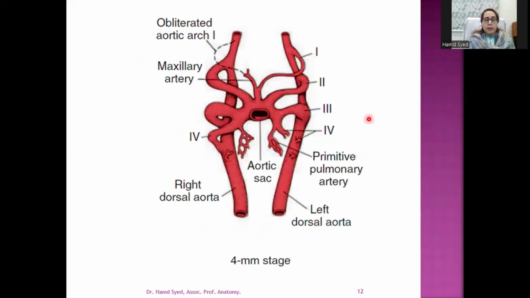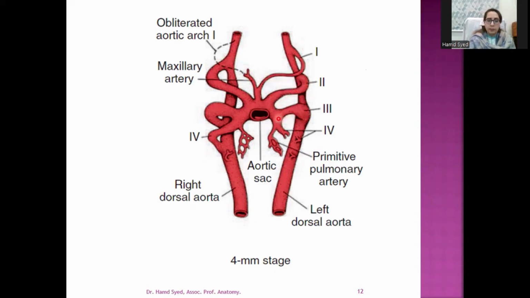So now looking at that basic pattern of the aortic arches in the next stage of development, we can see that a larger portion of the first aortic arch has disappeared, except a smaller part which has remained, and this is now forming the maxillary artery. Now, while the first aortic arch is disappearing, you can see the second is still present and the third is also prominent.